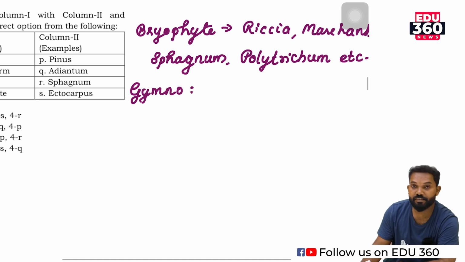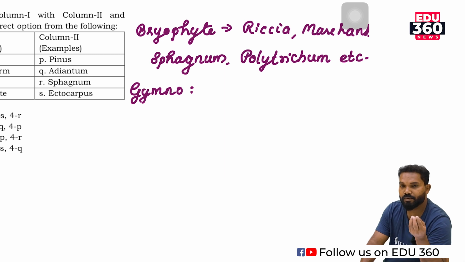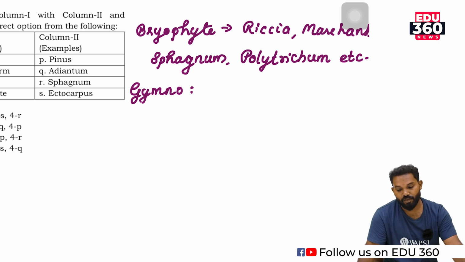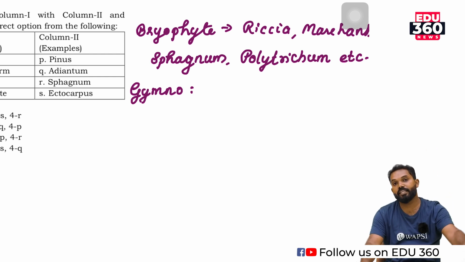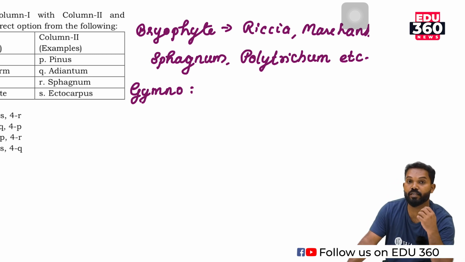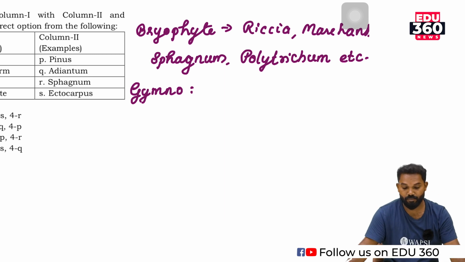Then gymnosperm. It is a naked seeded plant. In our environment, very limited numbers of gymnosperms are present. Generally, gymnosperms love cold areas, like high altitude areas or polar regions, especially temperate forests, which are filled with gymnospermic plants, the coniferous forest.